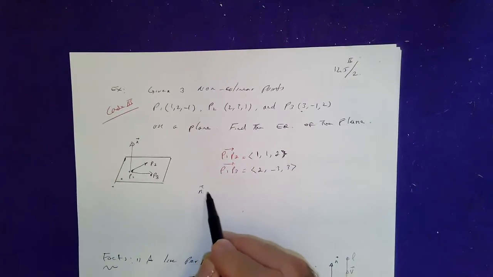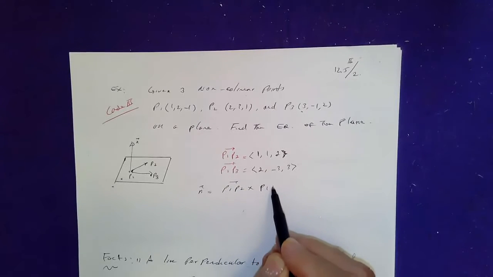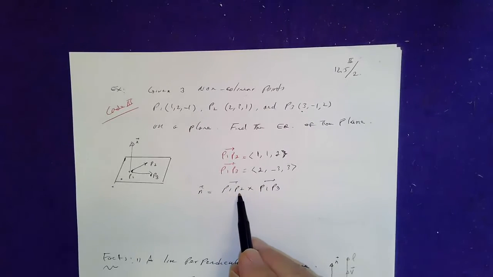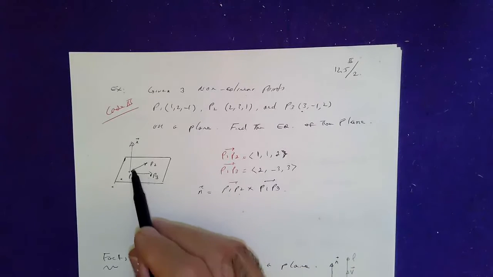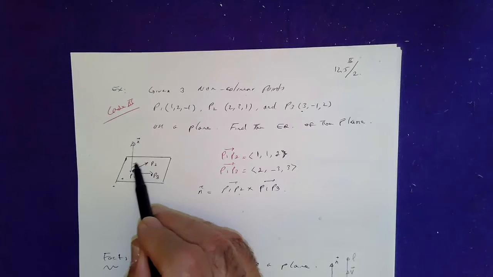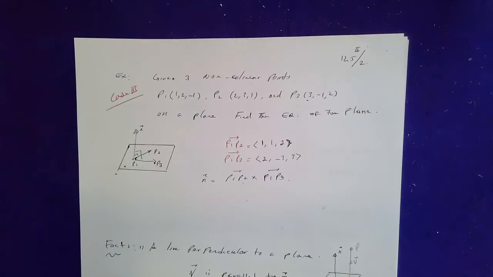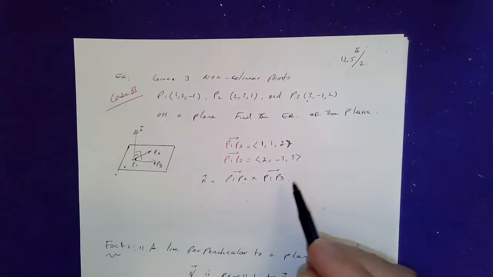So to find a normal vector, remember you have to take the cross product of these two vectors, P1P2 and P1P3. Why? Because the cross product of two vectors is a vector which is perpendicular to both. And by definition, normal vector is perpendicular to any vector you draw on the plane.